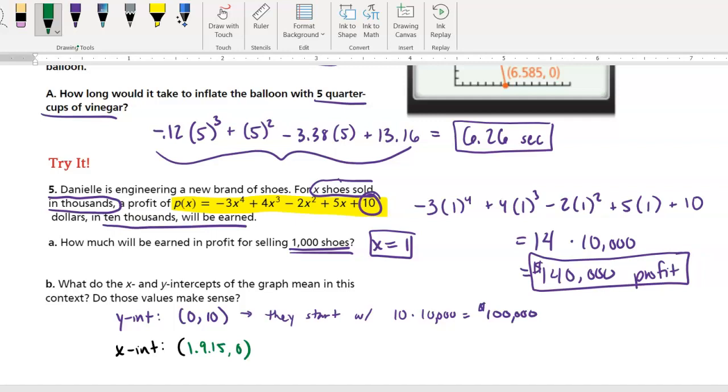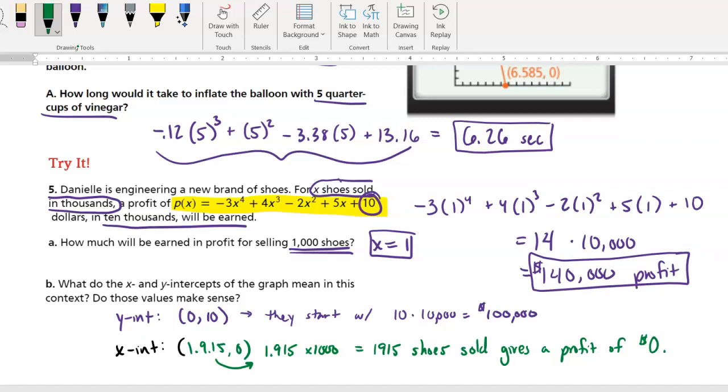So we're going to take that 1.915 and multiply that times 1,000. That gives us 1,915 shoes. So after they sell 1,915 shoes, they'd have a profit of $0. So that's what that represents.